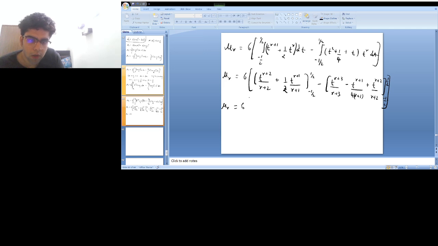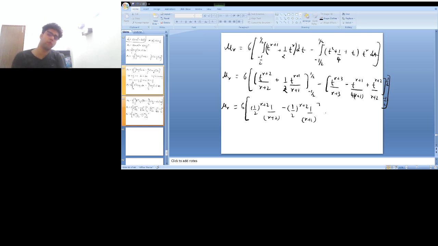So this gives me 6 into putting in half in the place of t, so half to the power r plus 2 upon r plus 2 into 1 upon r plus 2 minus half, this is half to the power r plus 1, and another half, this gives me half to the power r plus 2 again. So this becomes half to the power r plus 2 into 1 upon r plus 1, and again now I need to substitute minus half also.